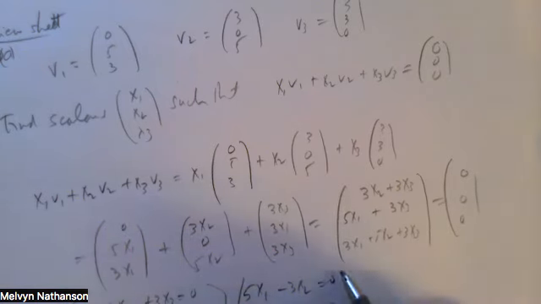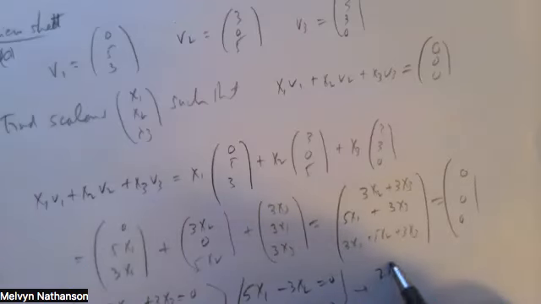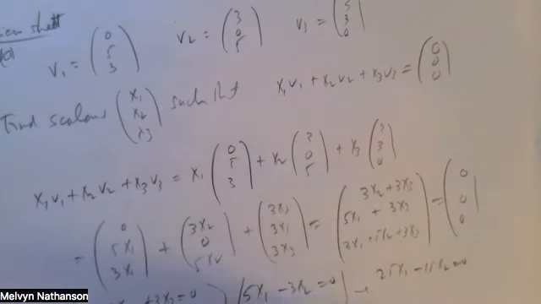If you multiply the first equation by 5, and the second equation by 3, and if you add, the x2's cancel, you get 34x1 equals 0, which means x1 has to equal 0.